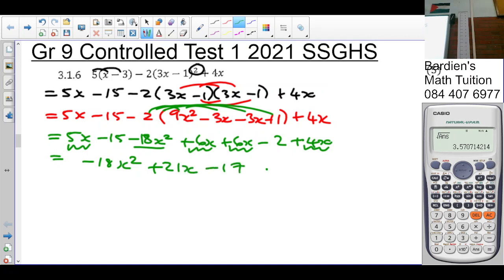Who got that as an answer? Did I make a mistake somewhere? Yes? So in this bracket you got 9x squared minus 1 or 9x squared plus 1. That's a mistake, Michael.